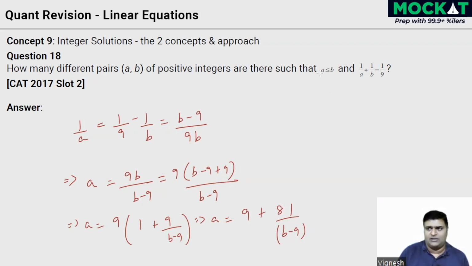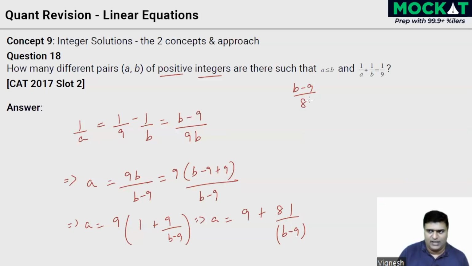And what should be greater than what? B should be greater than or equal to A. A has to be smaller than whatever the B values are going to be, so for B I would want to put the largest possible values. The other thing over here is they're all positive integers. So what can B minus 9 take over here? What is the largest possible integer it can take?